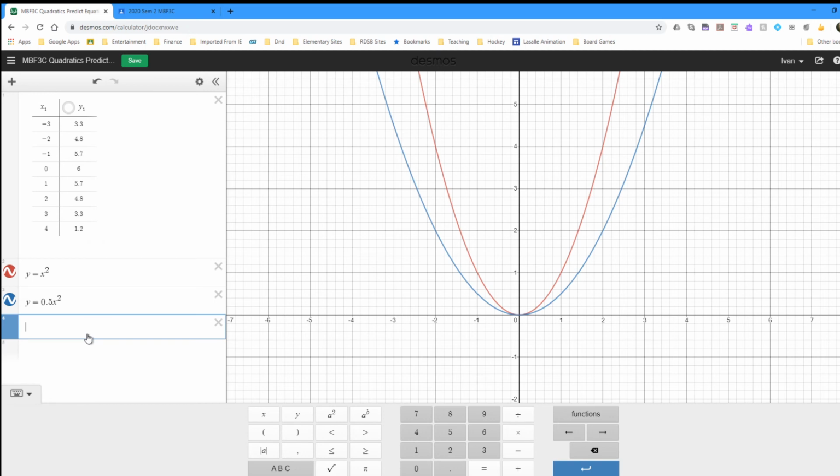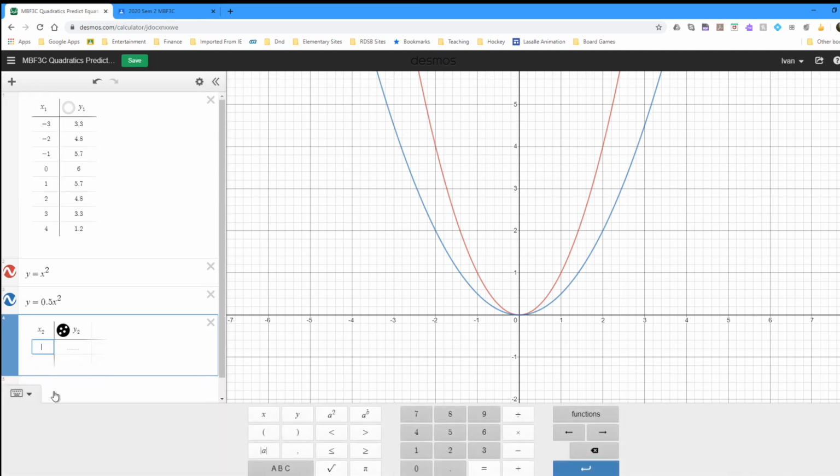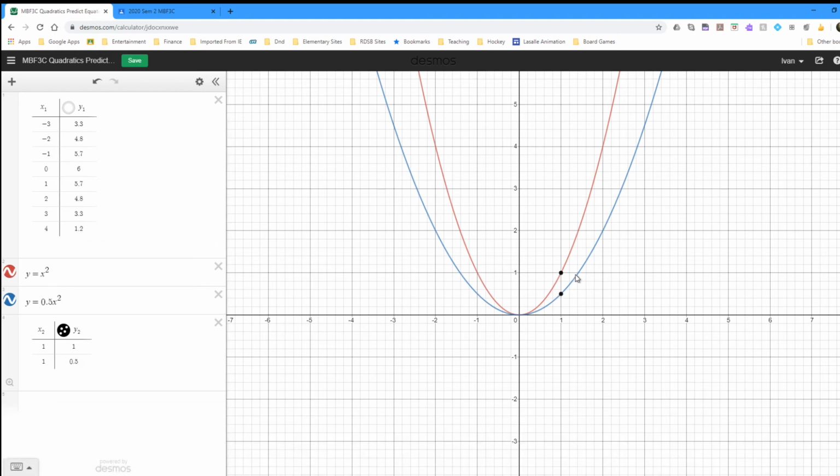Okay, so you know what I'm going to do to help us see them? I'm going to do a table. And I'm just going to do 1, 1. And then I'm going to do 1, 0.5. Just so we can see those two points, okay? The original parabola's table of values, y equals x squared, gives us at 1, 1 squared is 1.